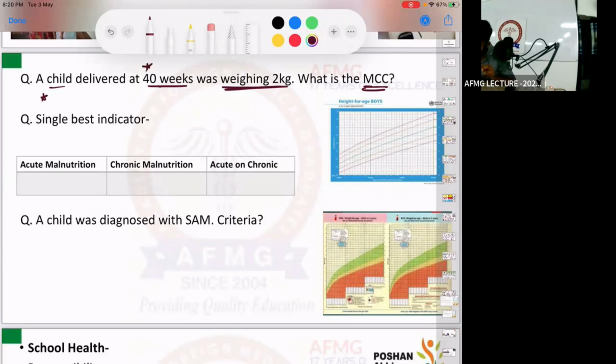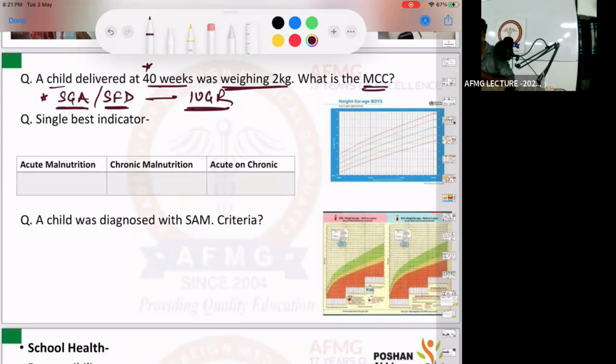If a child is born at 40 weeks of gestation, that means at term or after the date, then this child is called small for gestational age or small for date. And the most common cause for small for gestational age or small for date is IUGR, intrauterine growth restriction.